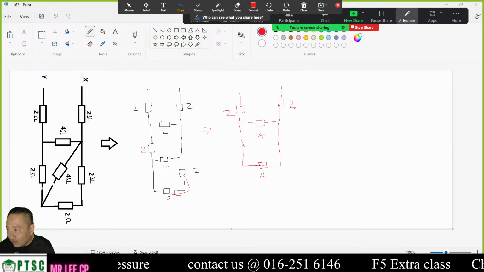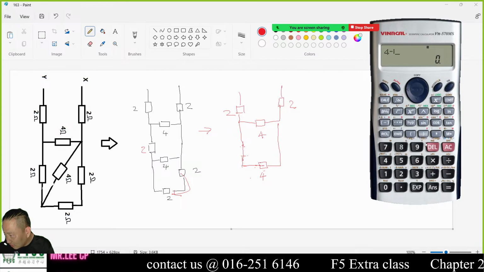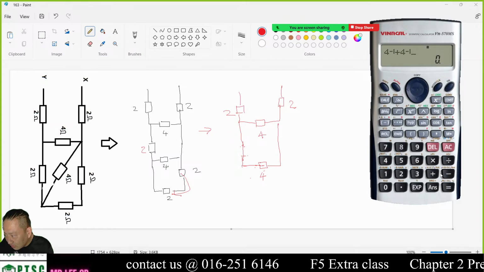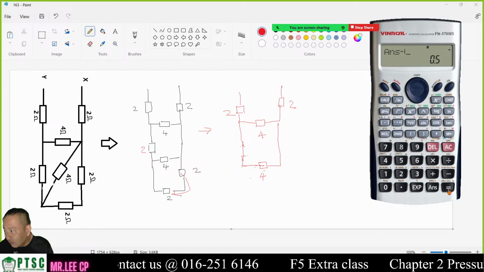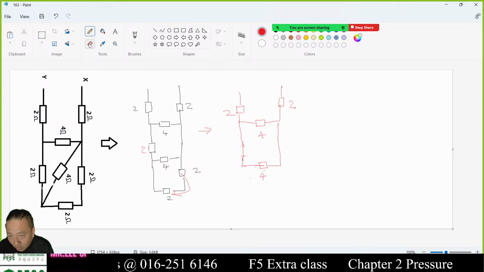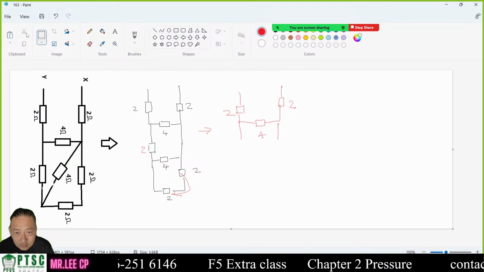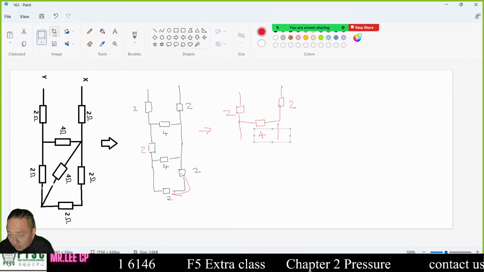So 4 inverse plus 4 inverse, inverse again. You get 2 here. This one no more.